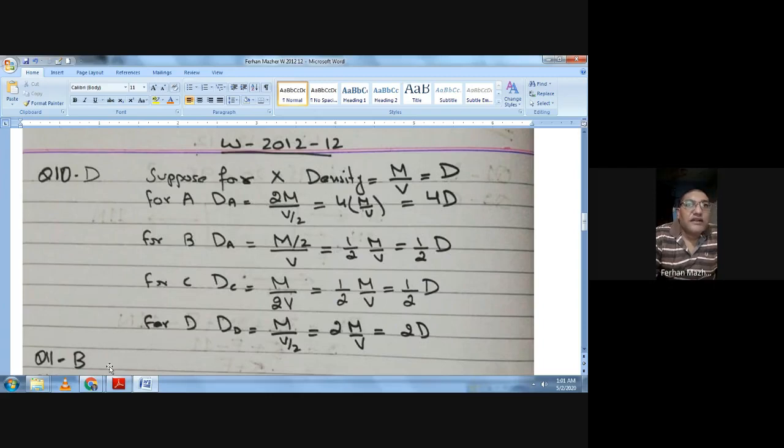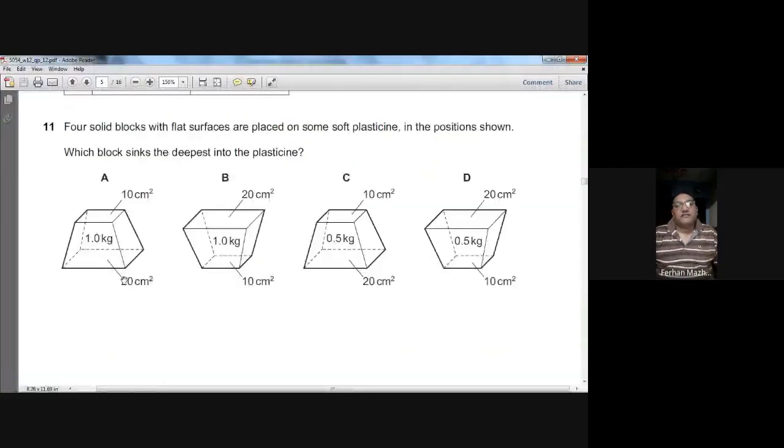Question number 11 is on your screen. 4 solid blocks with flat surfaces are placed on some soft plasticine. In the position shown, which block sinks the deepest into the plasticine? The block which creates the greatest pressure on the plasticine will sink the deepest.